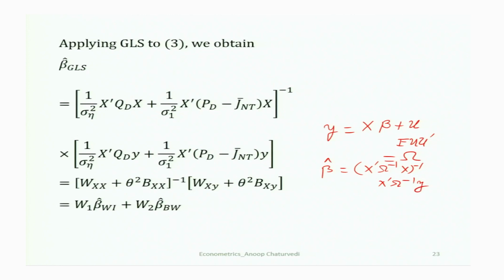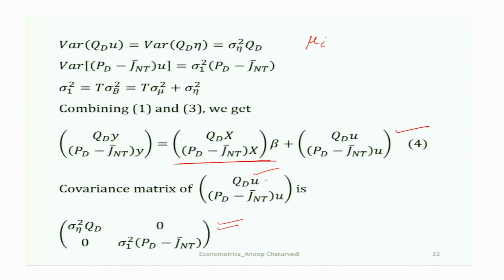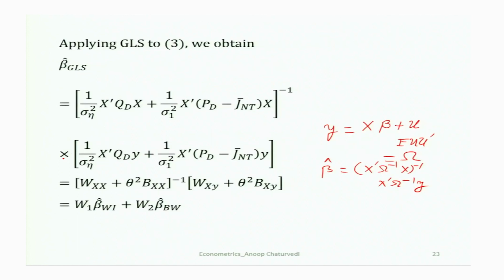Now, in place of x we take this matrix, and in place of omega we take this matrix, and then in place of y we take this vector. And then again you notice that Q_d and P_d minus J bar nT are idempotent matrices. So, you can easily verify this expression for the GLS estimator.